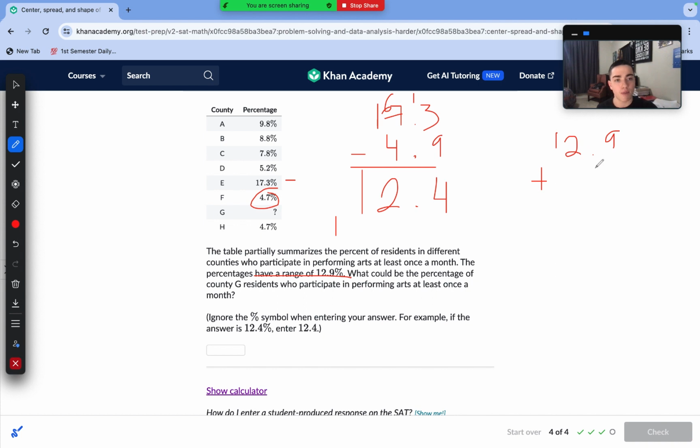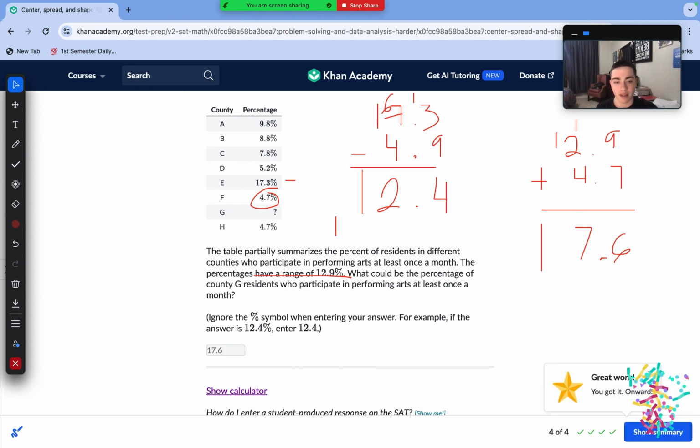That sets up like 12.9 plus 4.7. We can add these together. 9 plus 7 is 16. Carry the 1. 2 plus 4 is 6, plus 1 is 7. So our answer is 17.6, which is the largest value here and is the correct percentage of County G residents. 17.6%. Of course, we ignore that percentage sign.